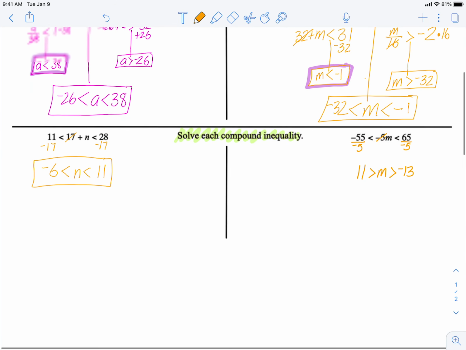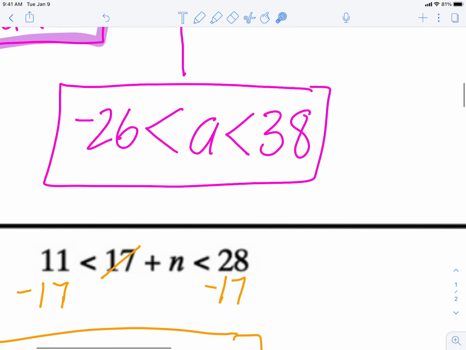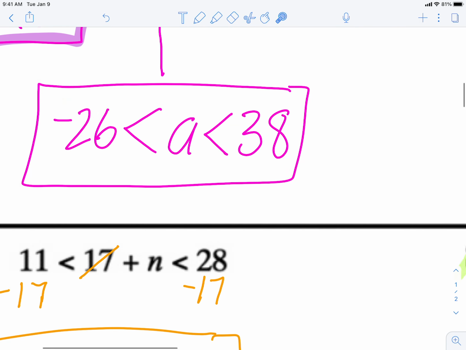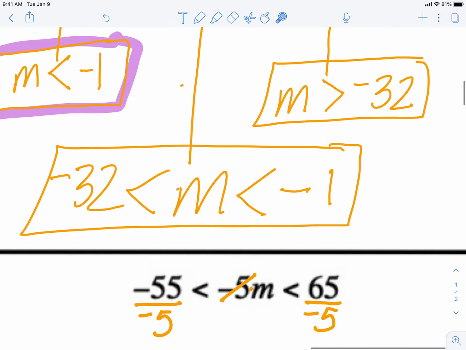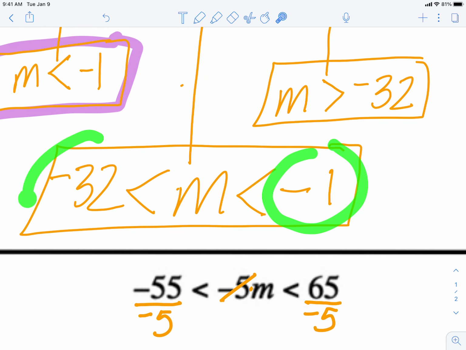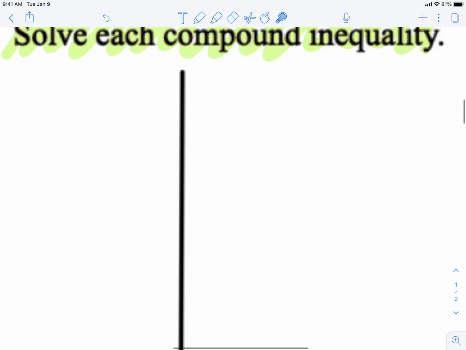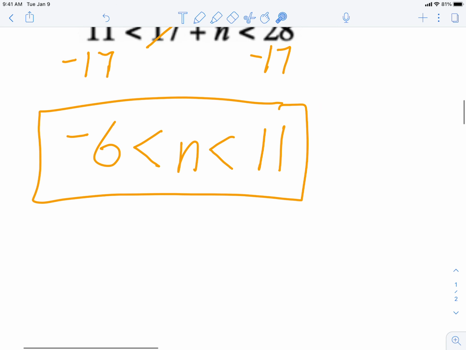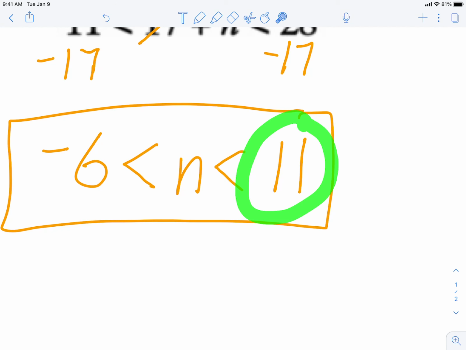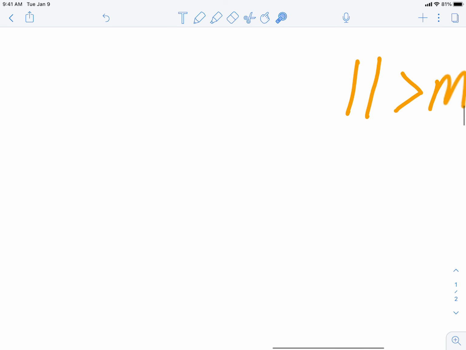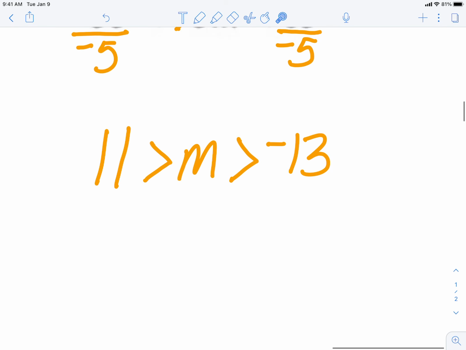Let's take a look at all the other answers. 38 is bigger than negative 26, and it's on the right. Negative 1 is bigger than negative 2. Always on the right is the bigger one. Positive 11 is bigger than negative 6. Okay, that looks right. But wait a minute here. Negative 13 is for sure not bigger than 11.